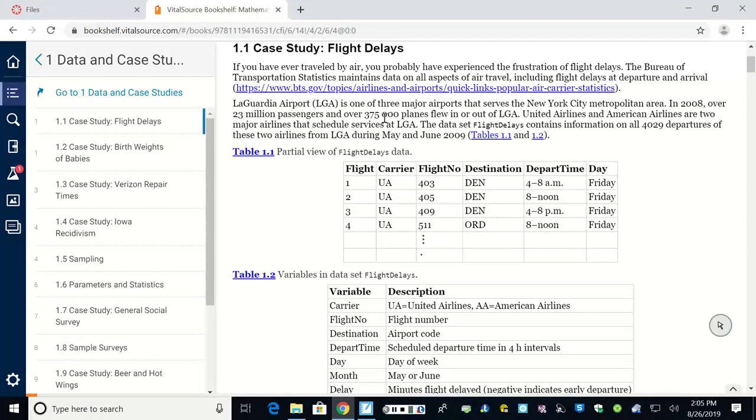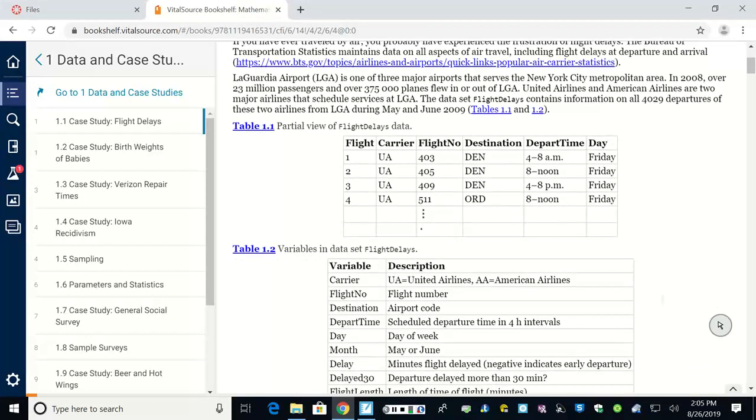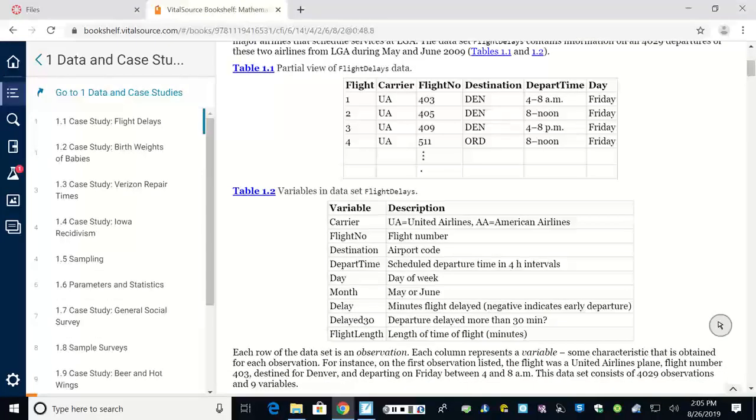So there's a number of flights, the carriers, United or American, flight numbers, destinations, departure time recorded, and then day. This looks like it's just a partial view. It looks like there's a few other variables that aren't included in this, right?